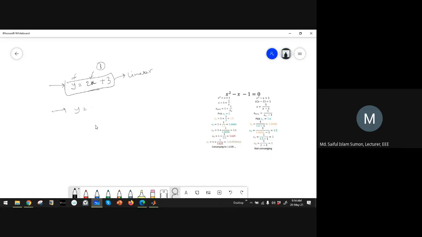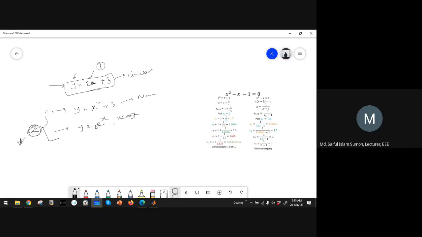But if something like x square plus 3 is there, this is a nonlinear equation. Again, if something is like e to the power x, exponential, or x cos x, all these types are nonlinear equations. These equations we are going to solve with the method of iteration.